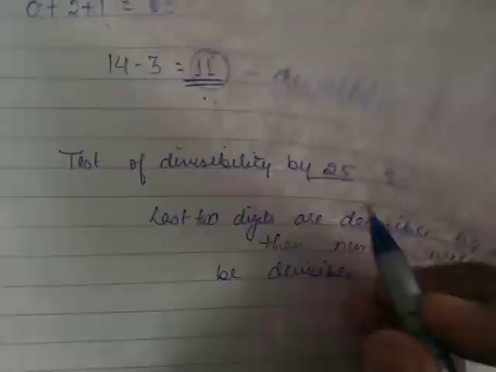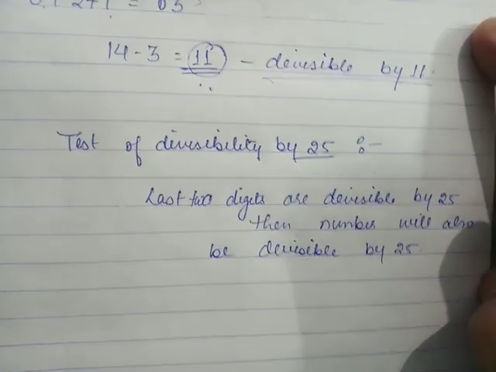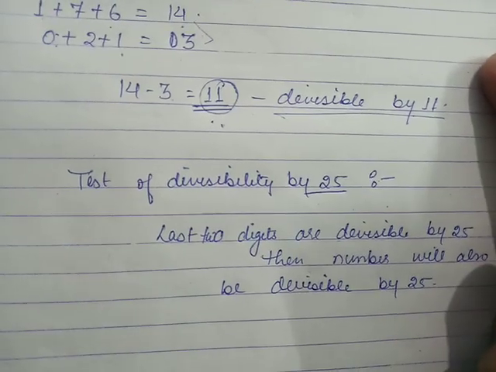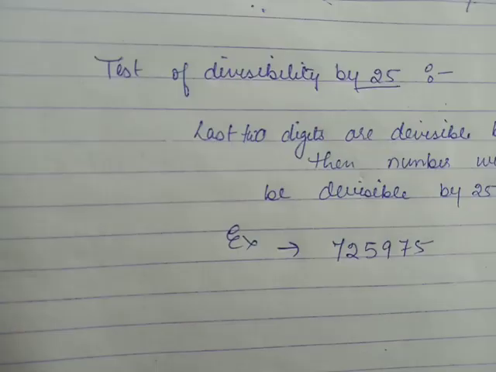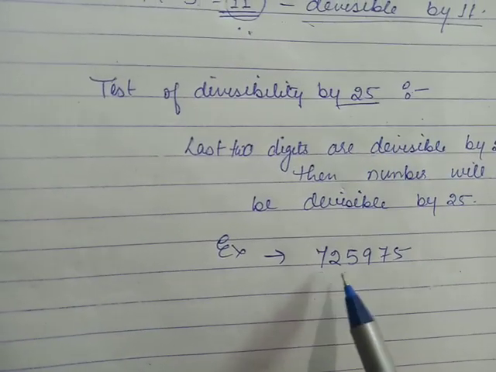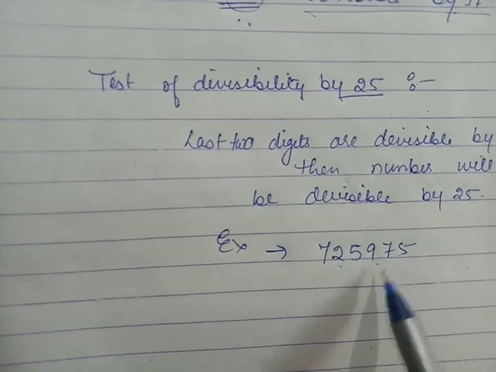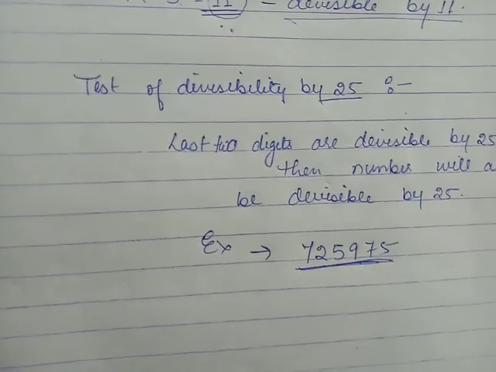The test of divisibility by 25 is: if the last 2 digits of any number are divisible by 25, then the number will also be divisible by 25. Let's see an example: 7,25,975. How can we see that it is divisible by 25?